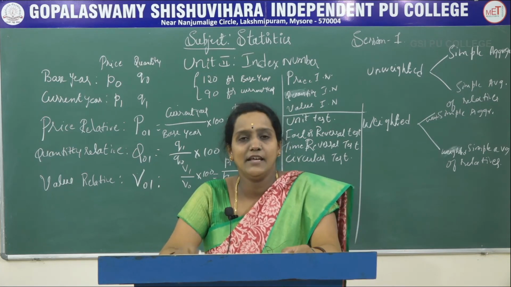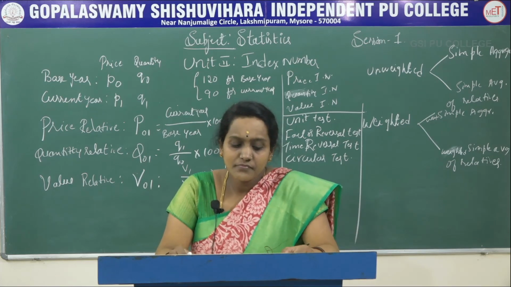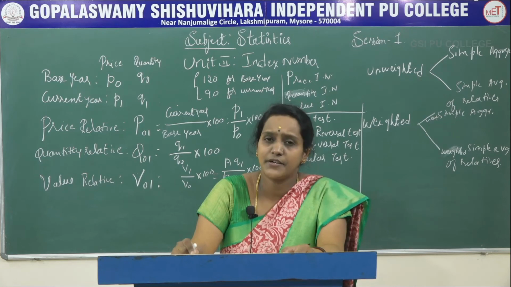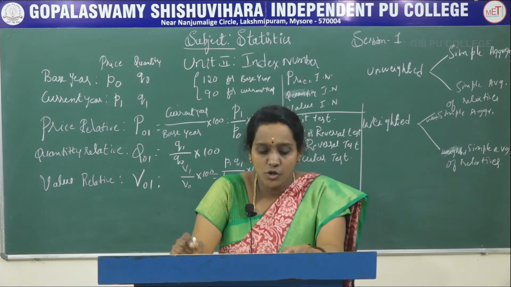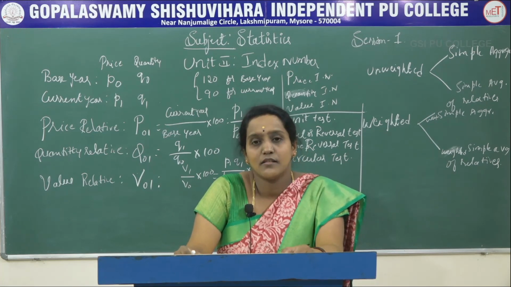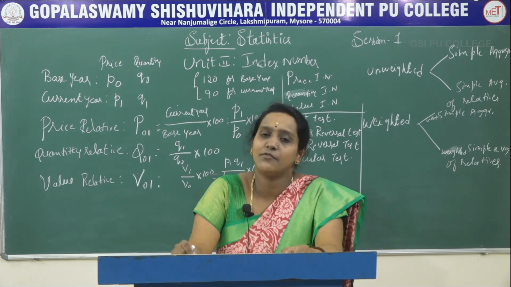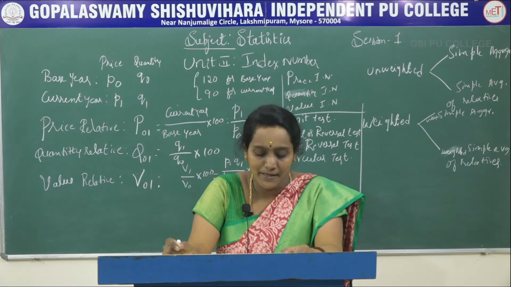These are the living index for a person, because the price of each and every commodity is different from place to place and shop to shop, so the consumption of the commodities will be different and it will vary from person to person or family to family.